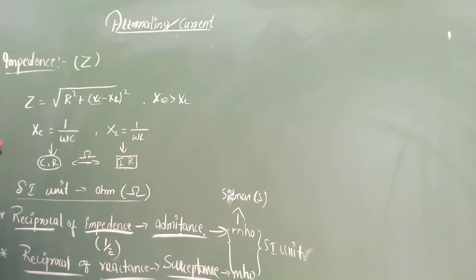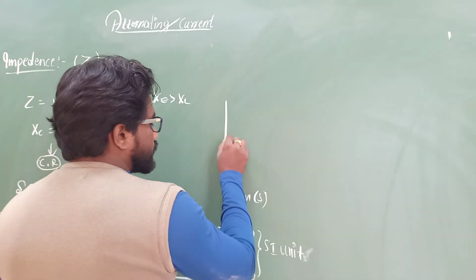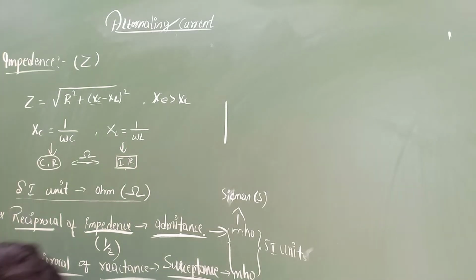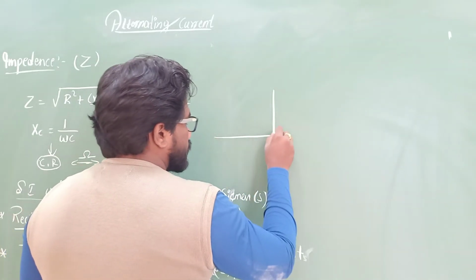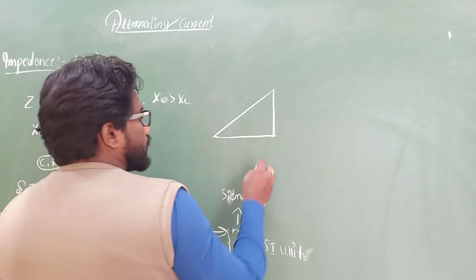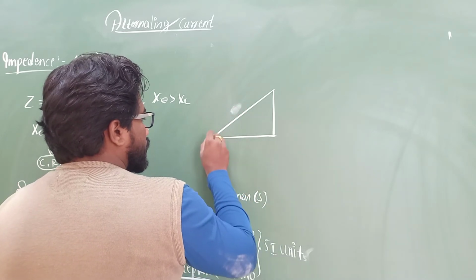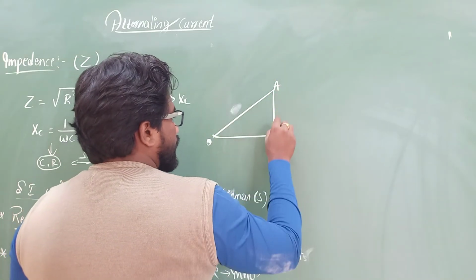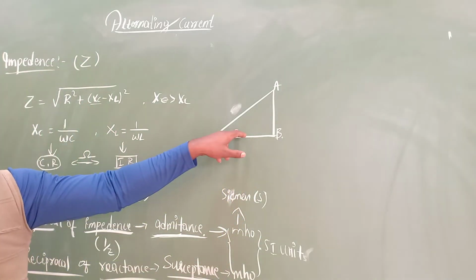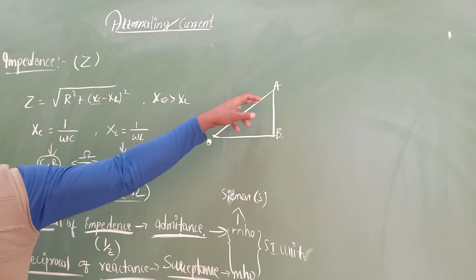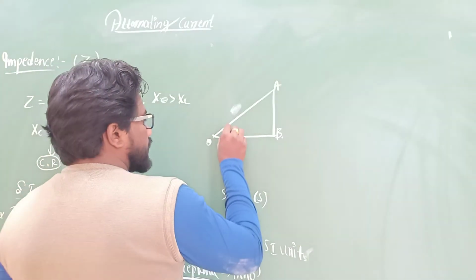So for the triangle OAB, either you can take this as theta or this as theta. It's all up to you. You can take anything as theta. I'll take this as my theta.